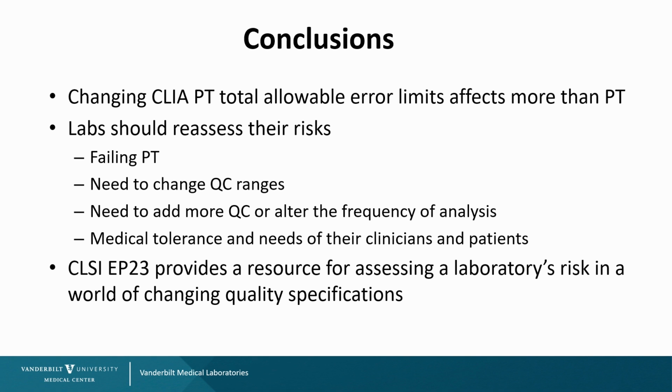You should reassess your risk of failing PT. You need to change your QC ranges. Maybe you need to tighten the QC ranges, need to add additional QC or alter the frequency, or look at your medical tolerance and the needs of the clinicians and patients. CLSI EP23 provides a resource for assessing a laboratory's risk in a world of changing quality specifications.